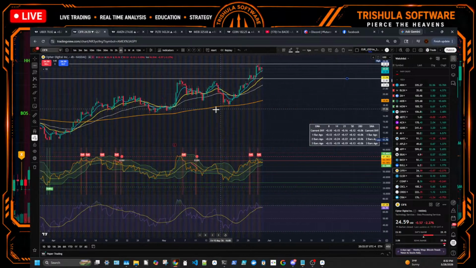So on longer time frames, I'm going to start looking at how my 8 EMA and my 21, this blue and this yellow right here, start to interact. Blue crosses up on 21. Okay, now I can start looking back into calls again. And also I'm looking down here at my RSI.